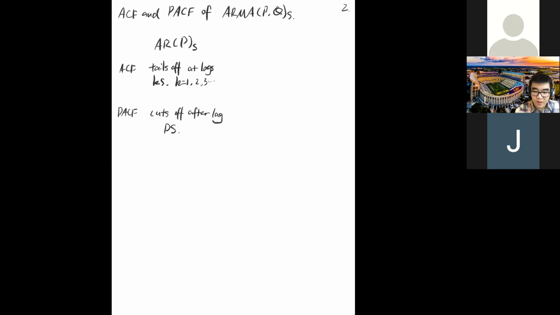What I just did in R is that we picked P equal to 1 and S equal to 12, and you can verify what we just did by using this table here.